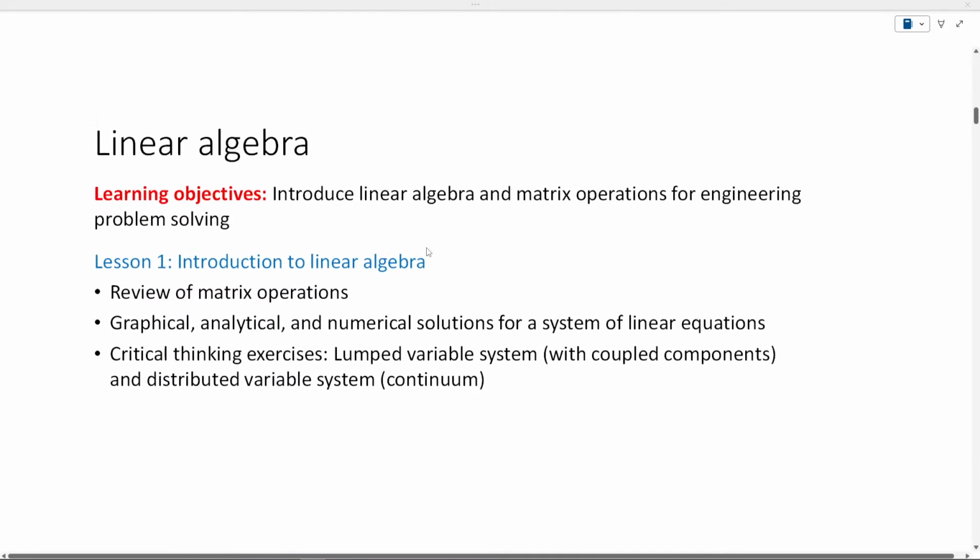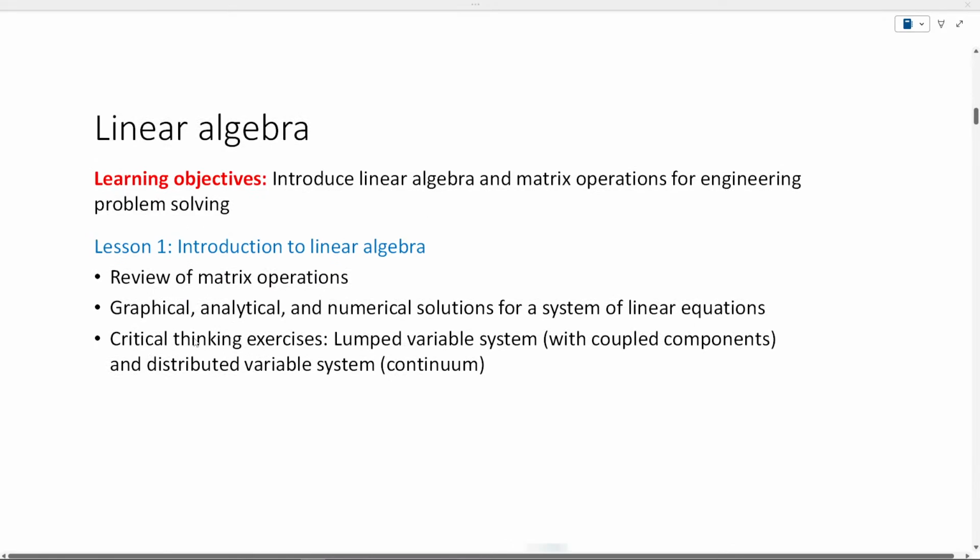So linear algebra so far is only one lesson. In this one lesson, I will review matrix operations. Some of you might have already covered this in Calc 3, but that would be a review.